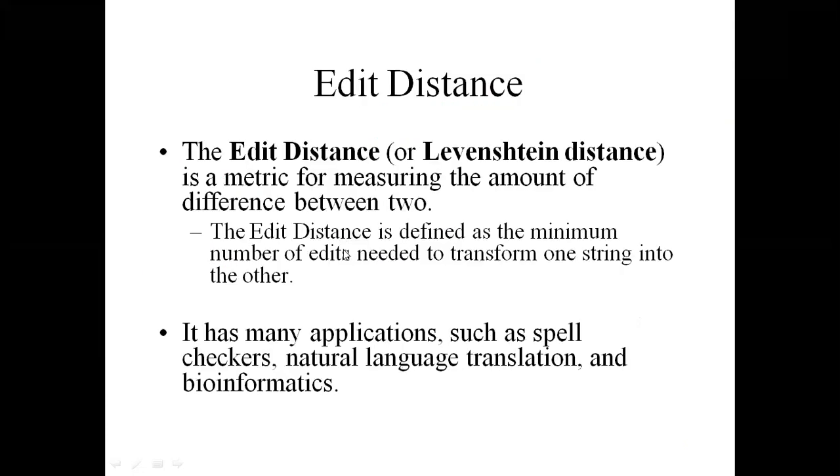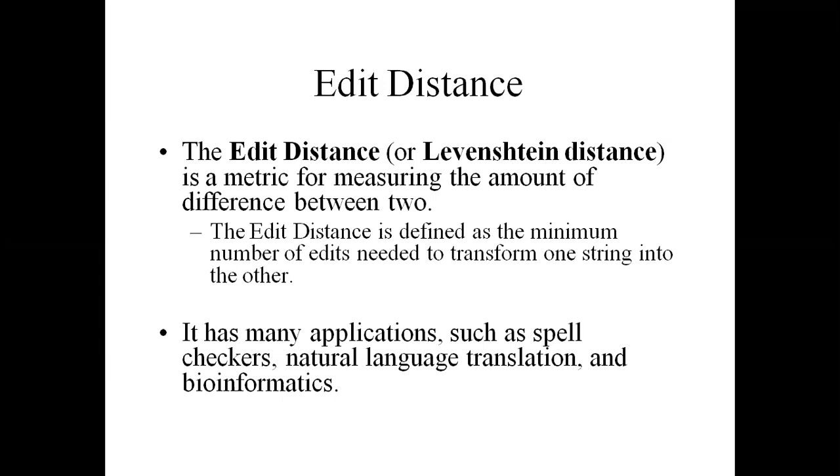Now edit distance is also called Levenshtein distance. Levenshtein distance is a metric for measuring the amount of difference between two words or two strings.